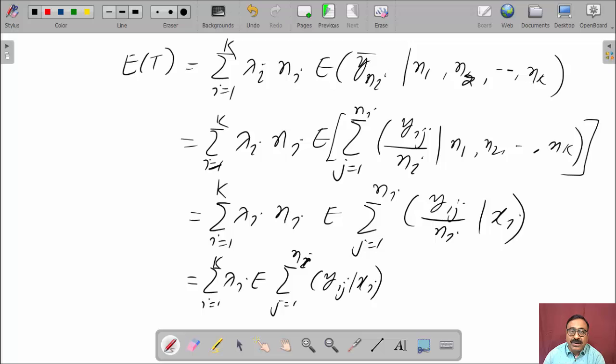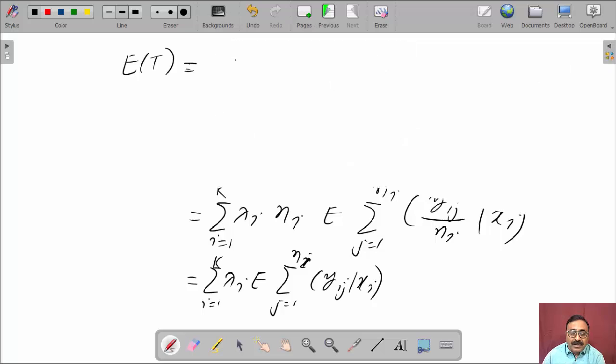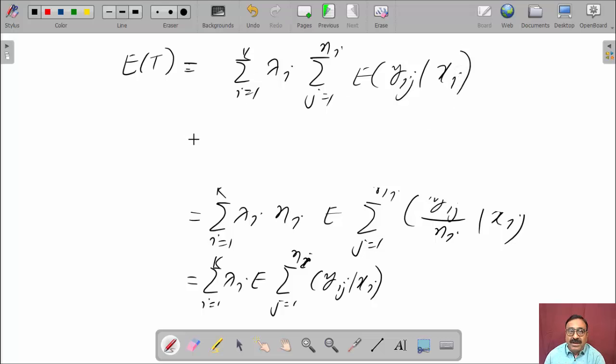So this is equal to summation i equal to 1 to k lambda i summation j equal to 1 to ni expectation of yij given xi.